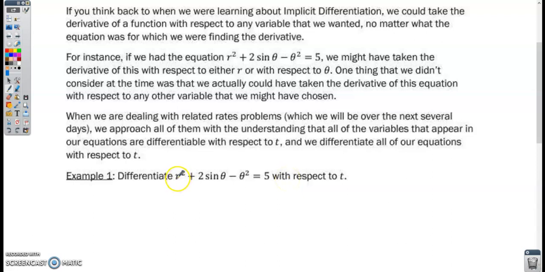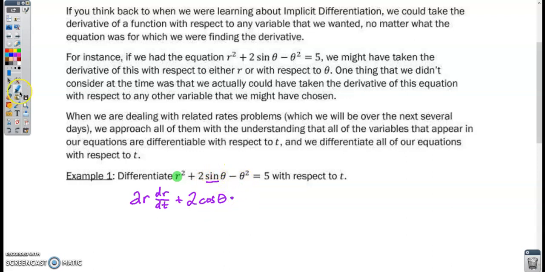So I'm going to take the derivative of r squared with respect to t. I take the derivative of the outside, leaving the inside the same, that's 2r. And then I take the derivative of the inside, which is just r. The derivative of r, since we're differentiating with respect to t, is going to be dr dt. Then I've got a constant multiple 2, and I take the derivative of the sine of theta, derivative of the outside, leaving the inside the same, times the derivative of the inside.